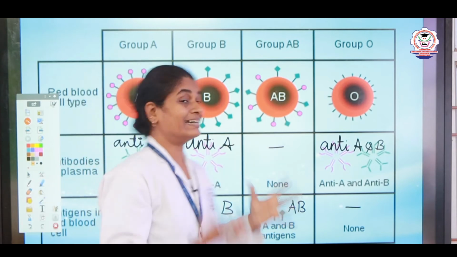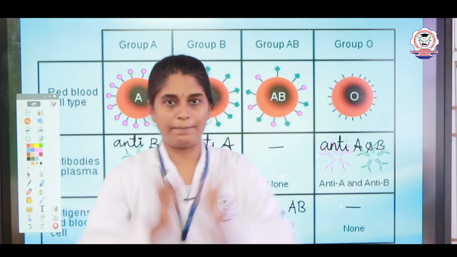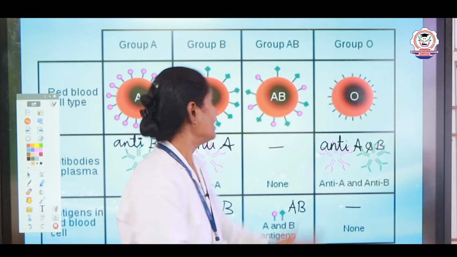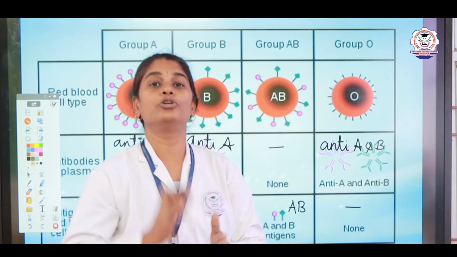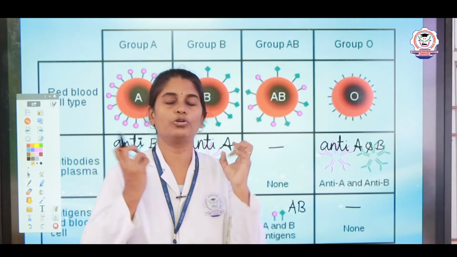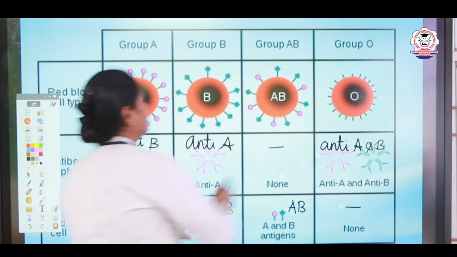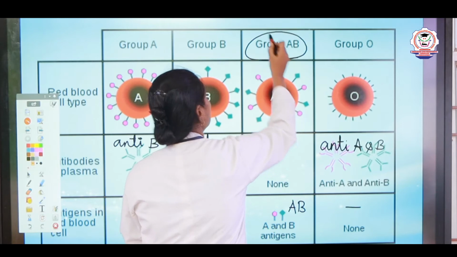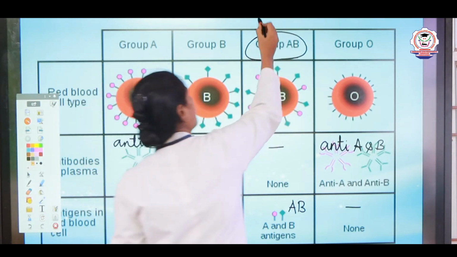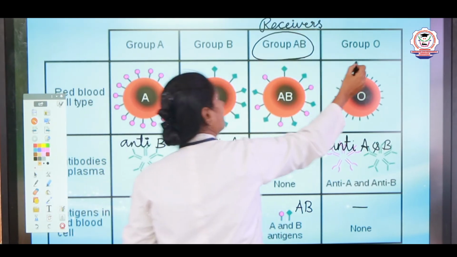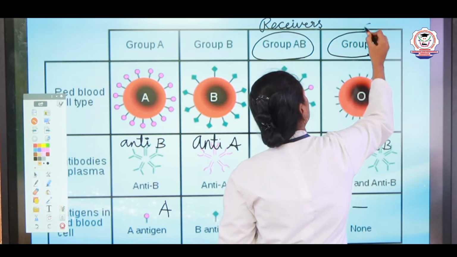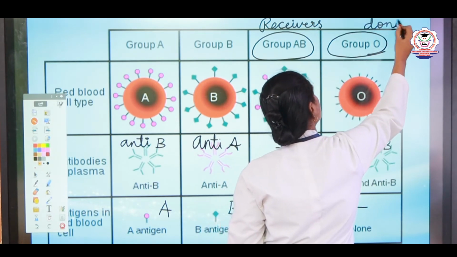That is why AB blood group persons are called universal recipients or universal receivers. So, you learned that AB blood group are universal receivers and O blood group are universal donors.